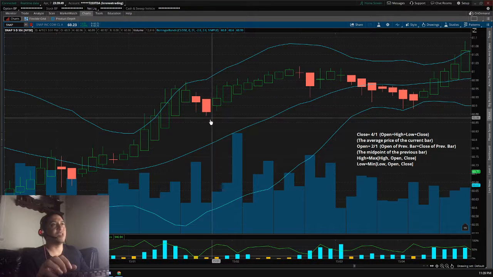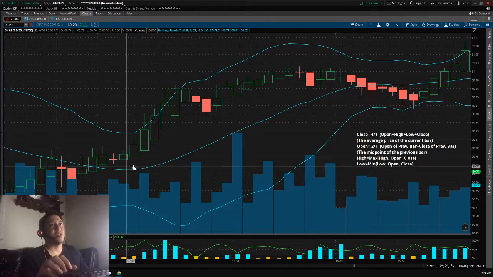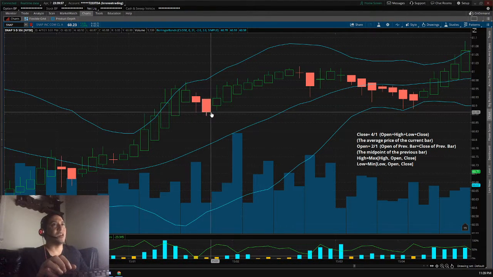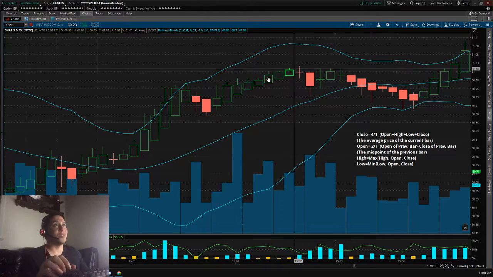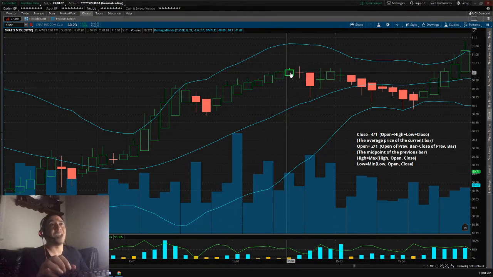You've got wicks on both sides in there. So here's what happens. Look, you've got no wicks on this set of candles here. You get to these two red candles that come down, and the first green candle you get is an indecision with wicks on both sides. And then guess what? Your price action kind of goes sideways. It still goes up a little bit, but it's going sideways.